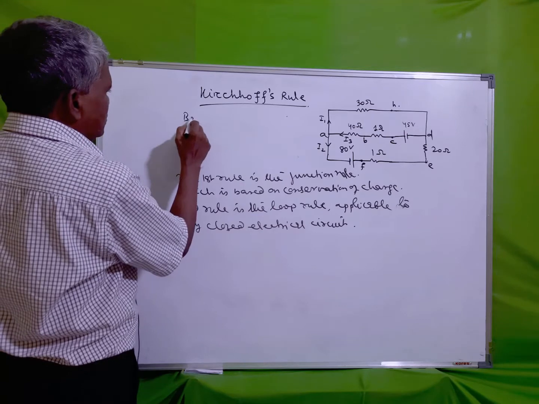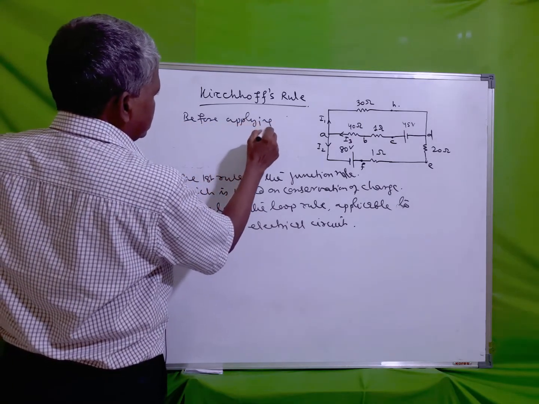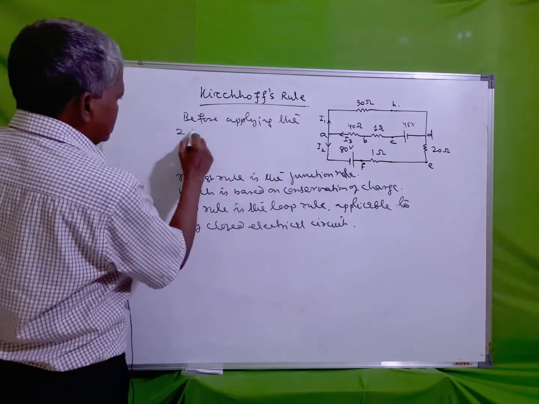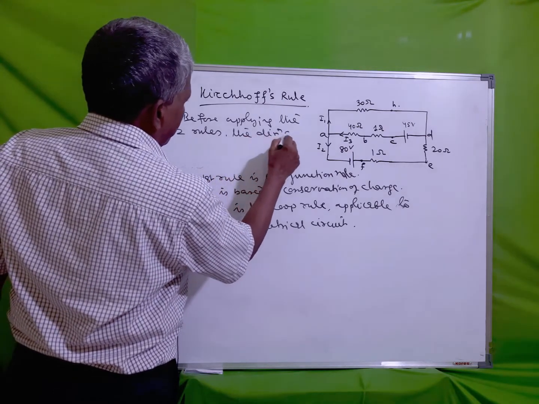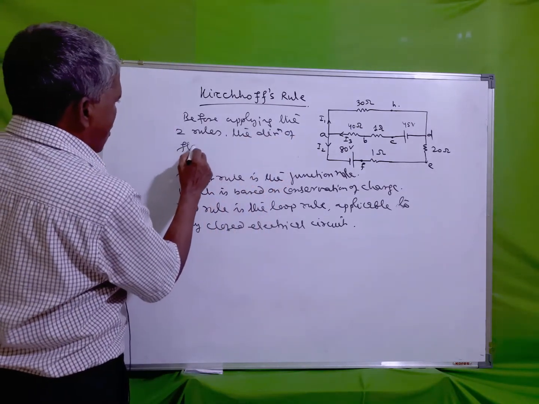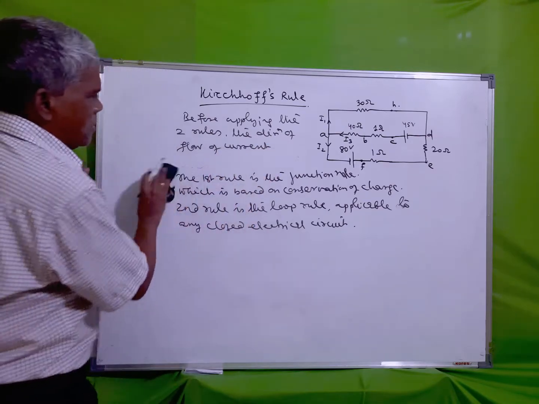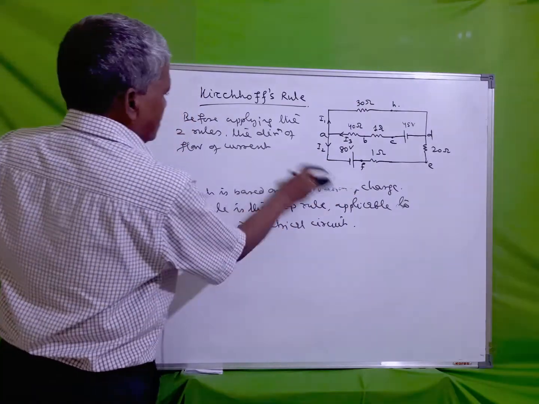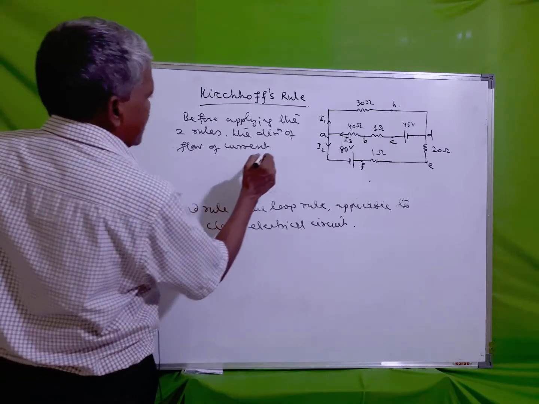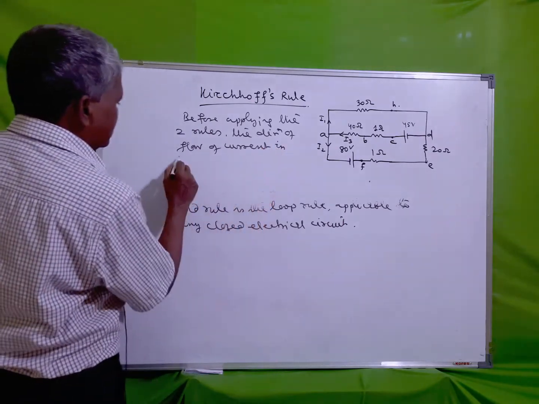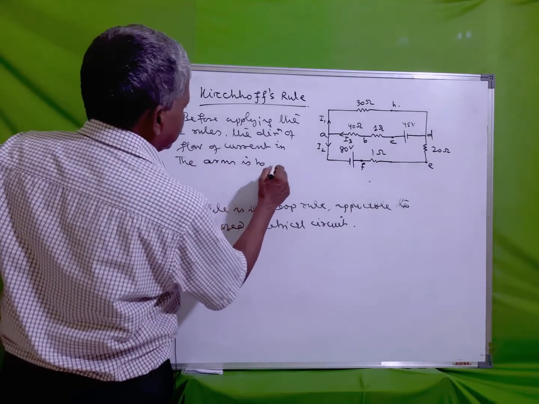Before applying the two rules, the direction of flow of current in the arms is to be ascertained.